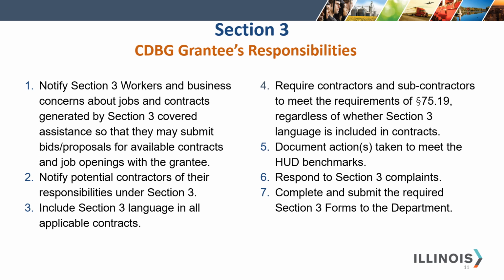They must require contractors and subcontractors to meet the requirements of 24 CFR 75.19, regardless whether Section 3 language is included in the contracts. Document actions taken to meet HUD benchmarks and respond to Section 3 complaints. The grantee is also responsible for completing and submitting the required Section 3 forms to the department.